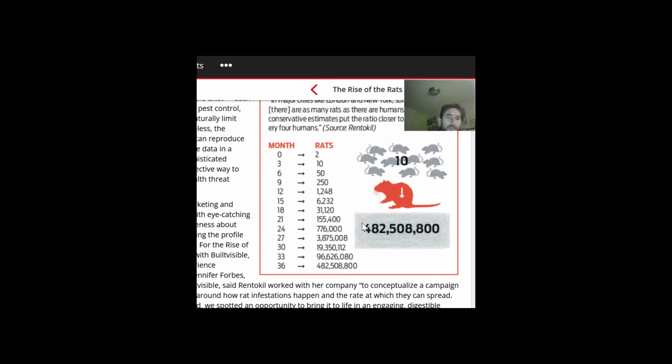Now, the reality is that populations do not just continue to grow exponentially, because if they did, in 3 years' time, you'd have what? Almost 500 million rats. I mean, it just can't go on, right?